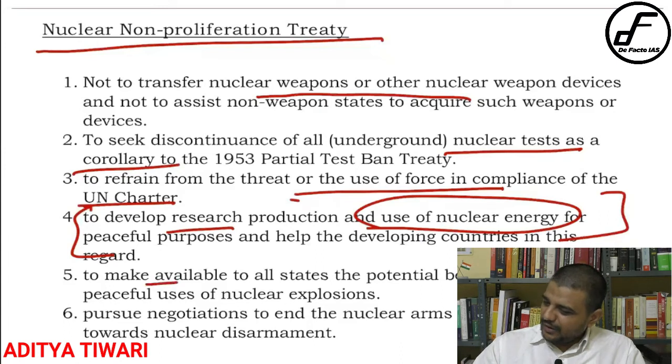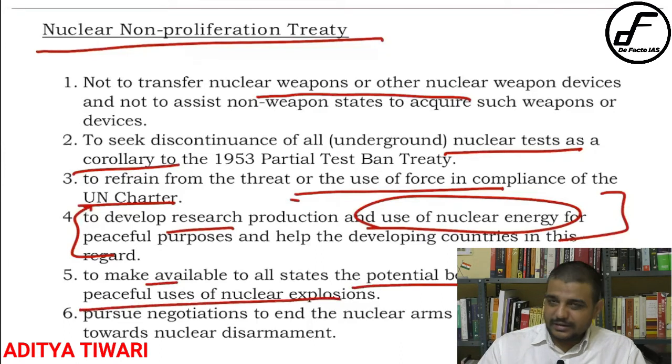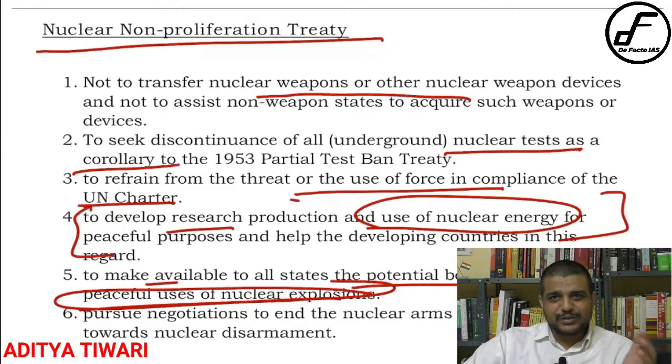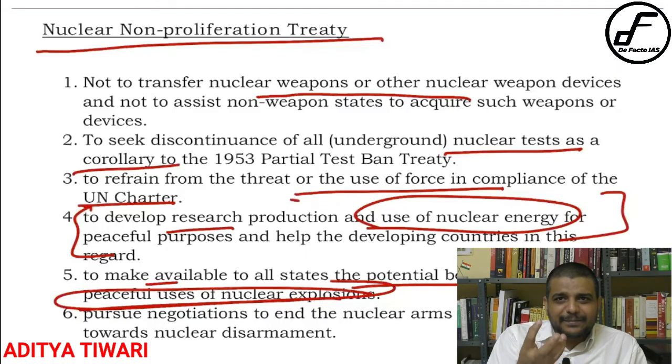Similarly, to make available all potential benefits from peaceful nuclear explosions. So you are talking about peaceful nuclear explosion. Now what is the meaning of peaceful nuclear explosion? A nuclear explosion is actually a nuclear explosion. If you understand some nuances of nuclear science through peaceful use, does it mean that that particular nuance or information cannot be used for a wrongful purpose?